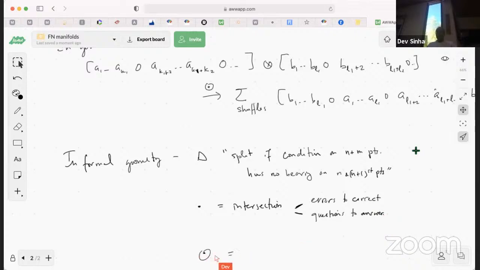And the transfer product is you make a condition on n plus m points by imposing conditions on n and m points over all bicolorings.